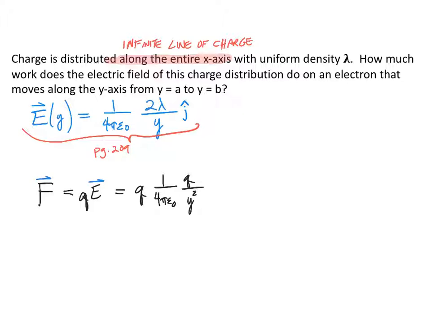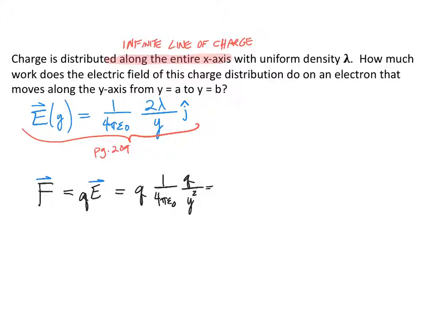All right, so we need to calculate it wants to know how much work does the electric field do in this business. But we also need to finish this deal here because I need to put it in terms of something that can be integrated.